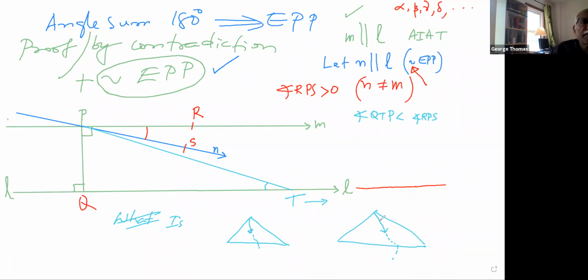It cannot meet this side. What will happen if, instead of meeting this side, it went out that way? What will be the problem?